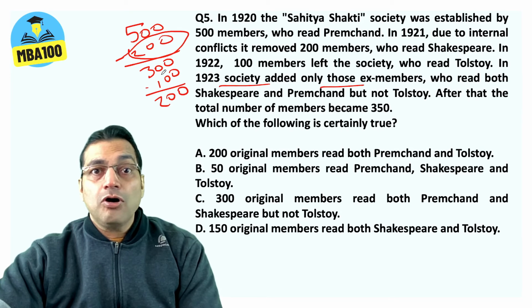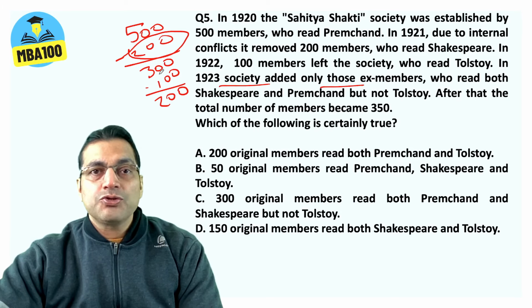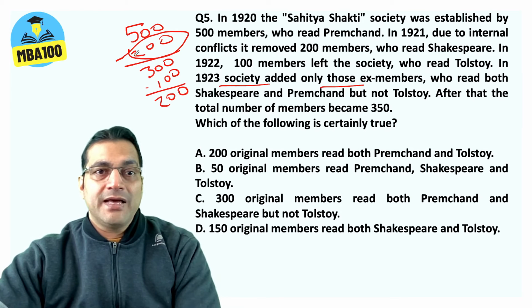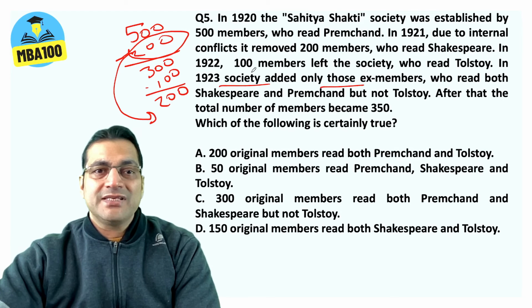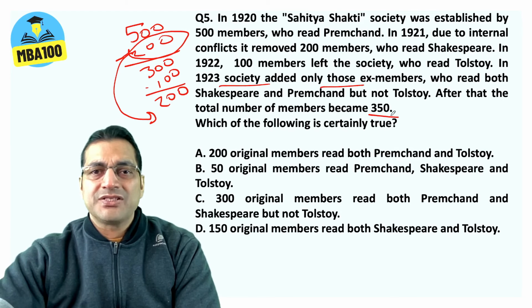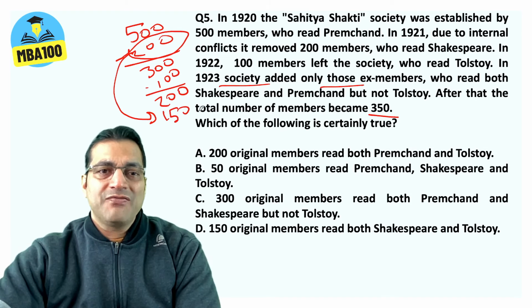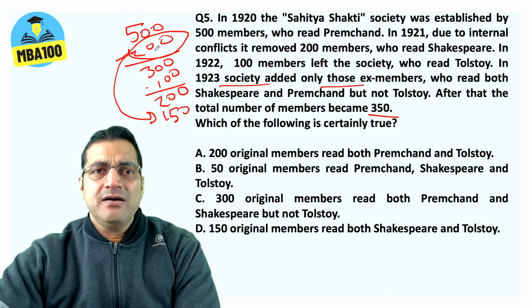But not all 200, only those who used to follow only Premchand and Shakespeare, not Tolstoy. And how many came back? The number became 350. So out of these 200, 150 people came back.